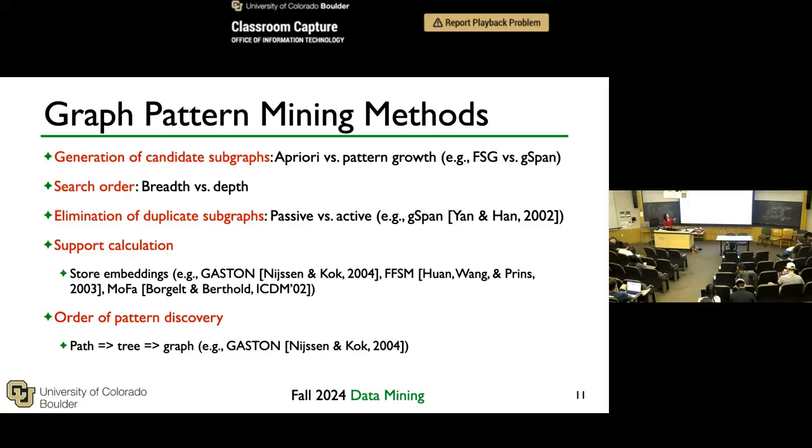So another added challenge with graph pattern mining is this kind of duplicate detection, removing duplicates. And then a lot about the support calculation. We keep saying calculating support is challenging. And depending on what structures you're looking at, you can start with a path or tree and then get to graph.